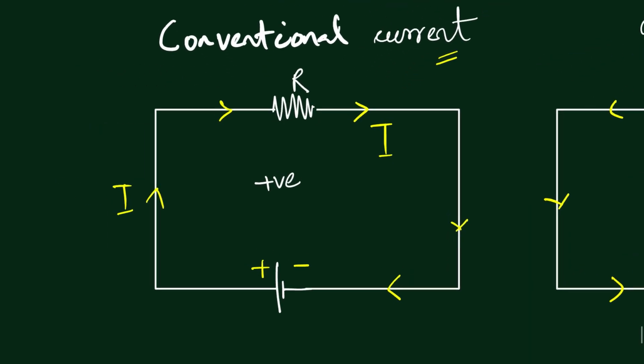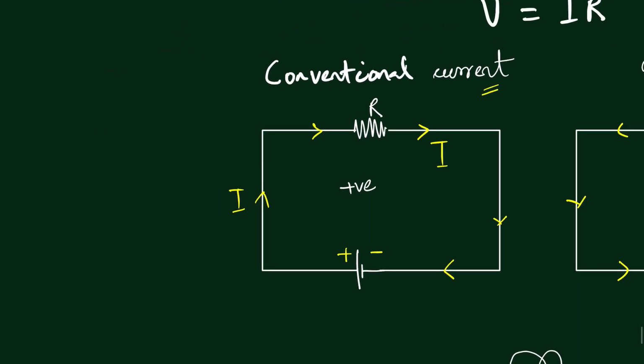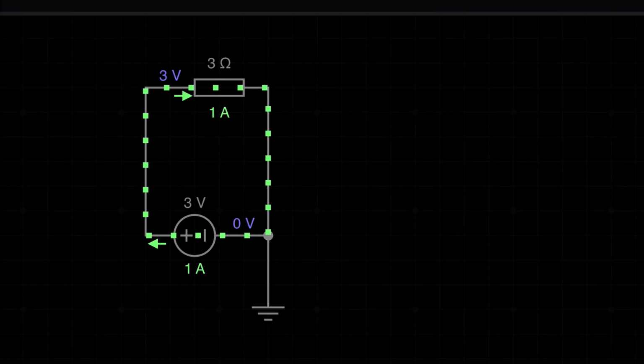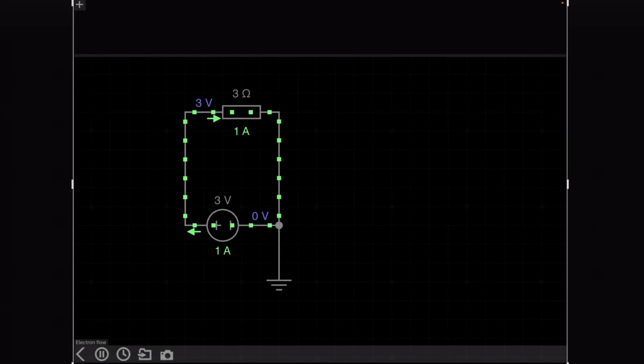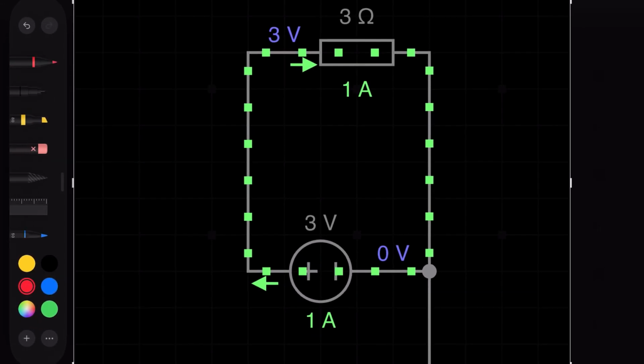In short, what I'm trying to say is that we say the current direction is from the plus side of the battery to the negative side of the battery. If you want, seeing is believing. It should be something like this. It goes from the plus side of the battery to the minus side of the battery. Don't get confused, I'm talking about externally.